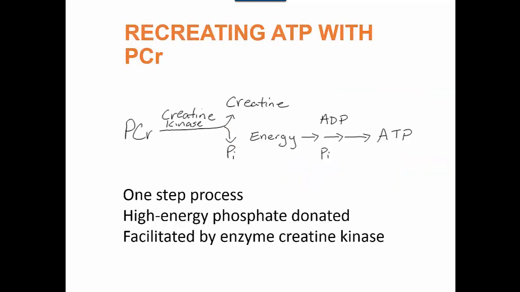So this just shows you recreating ATP with phosphocreatine, where you get this one-step reaction through the enzyme creatine kinase. Creatine kinase is going to split the phosphate from the creatine, and then that phosphate is going to be donated to ADP to regenerate ATP. So you have one creatine phosphate that gives you 1 ATP.